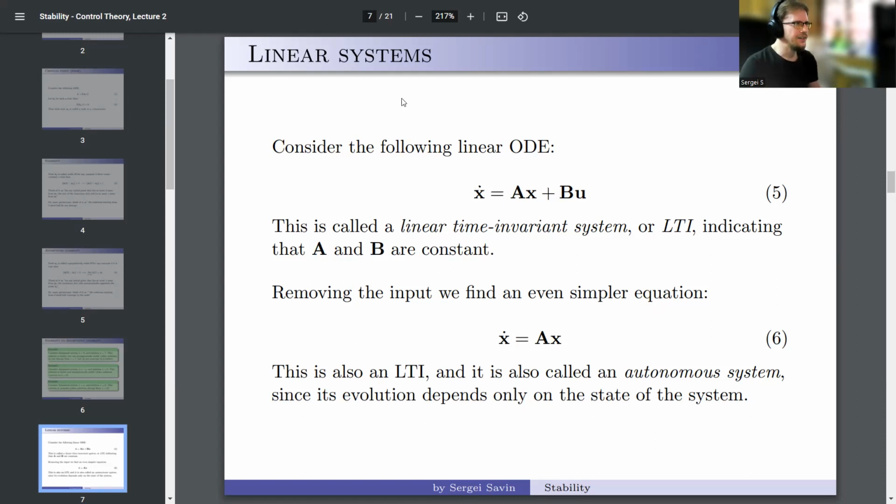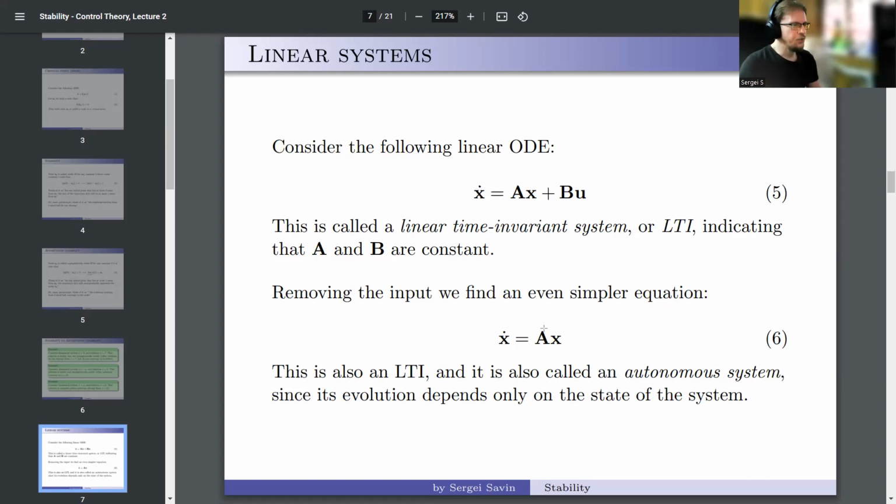Now, it's all nice, but since we don't know what u is, we cannot really say anything about stability. Maybe u will mess it up, right? We don't know if solutions will converge or diverge, because we don't understand what u will do. It's an input, outside of our knowledge or control. If we decide what the input is, of course, it's a different story. But in general, when the input is just something, we cannot comment on stability.